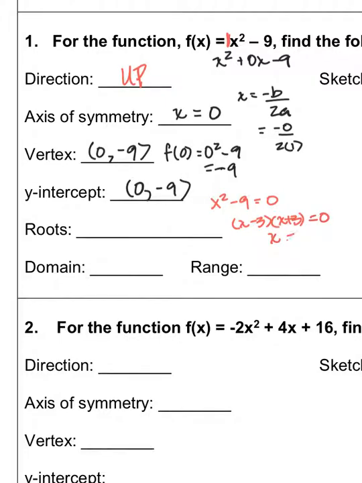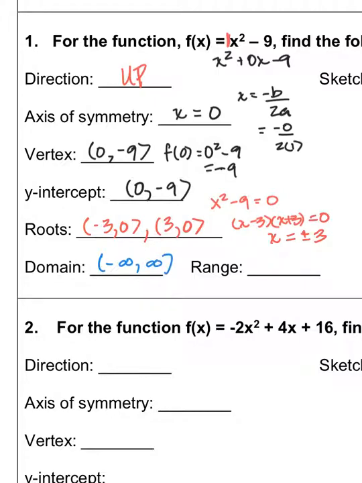And so we would get x equals plus or minus 3. Now, since we're graphing, I think it makes sense to write these as ordered pairs, (-3, 0) and (3, 0).